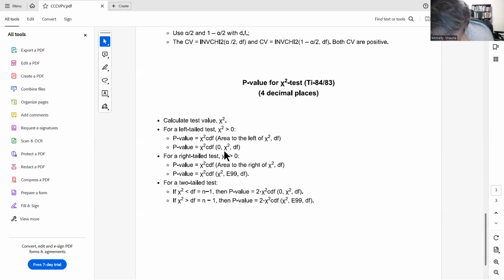For left tail test, the p-value is the chi-squared area to the left of chi-squared. You start with 0, go to chi-squared, put the df in there. So if I do that, I'm going to end up with something that looks like this.